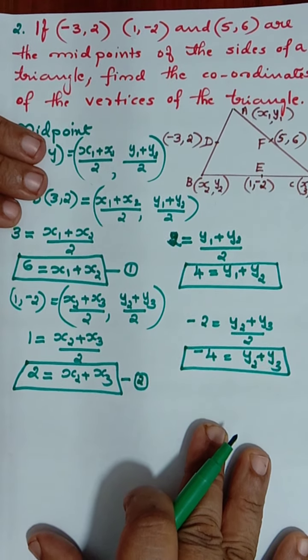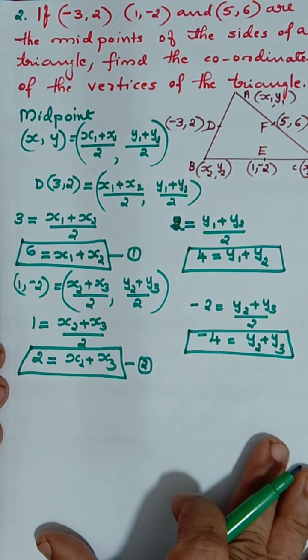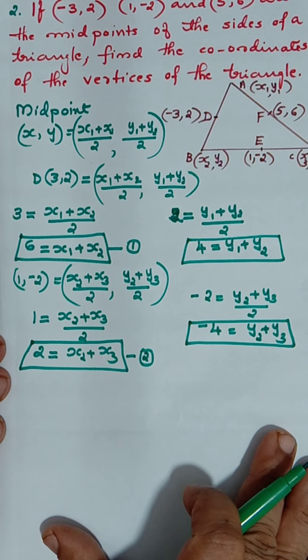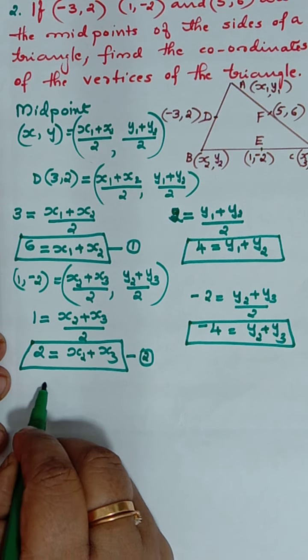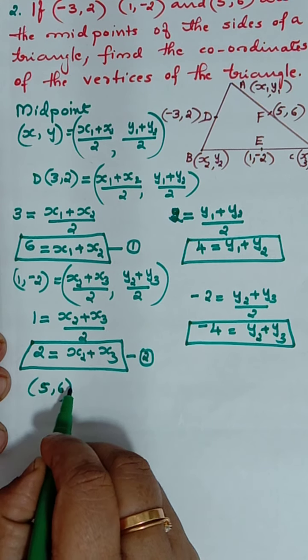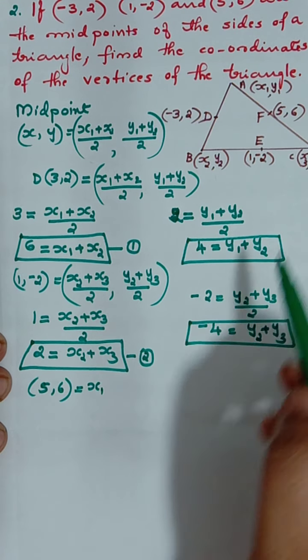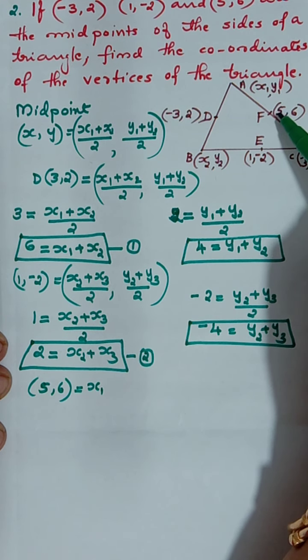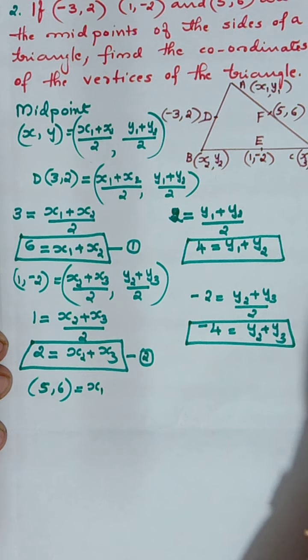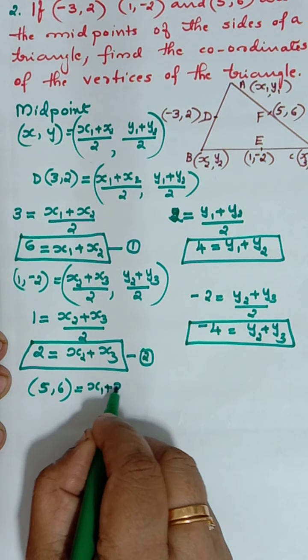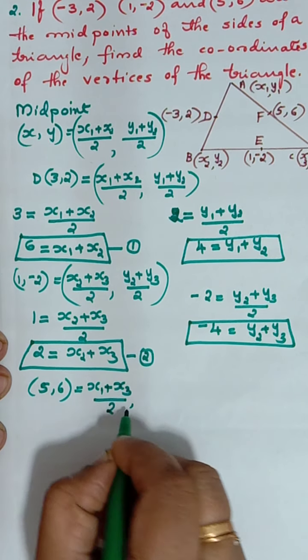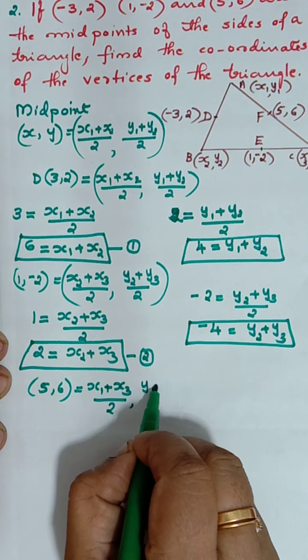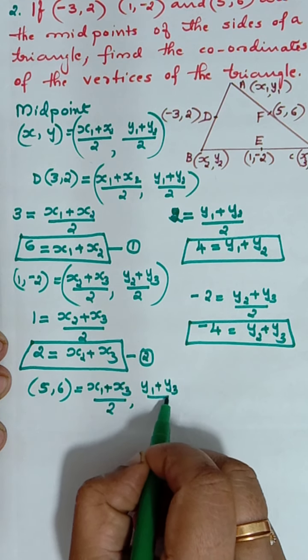Now let us move on to the third one, AC's midpoint. AC's midpoint is (5, 6), which equals ((x1 plus x3) by 2, (y1 plus y3) by 2).